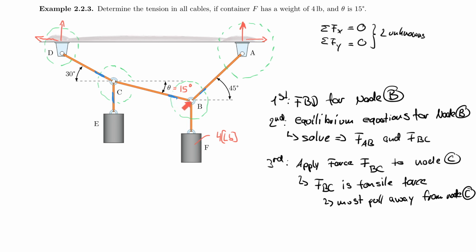It's away from the node, therefore in tension. So if it's going to the left here, then up here in node C, it has to go to the left as well, is what they think.